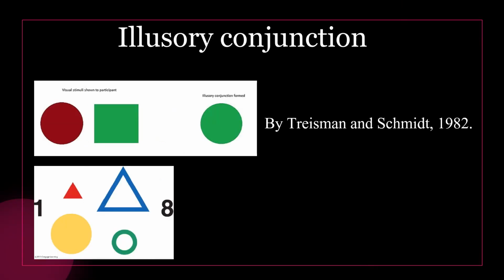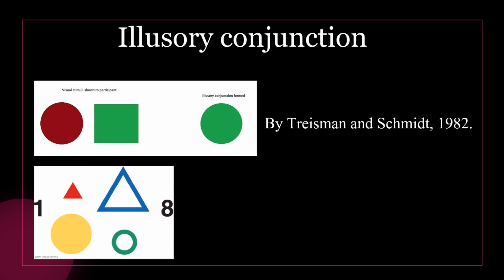Illusory conjunction is an experiment done by Treisman and Schmidt in 1982, where they presented a display with four different shapes with different colors and sizes, followed by two black numbers on each side. They quickly showed the images to the participants and asked them to report the black numbers first, then the shapes and their colors.